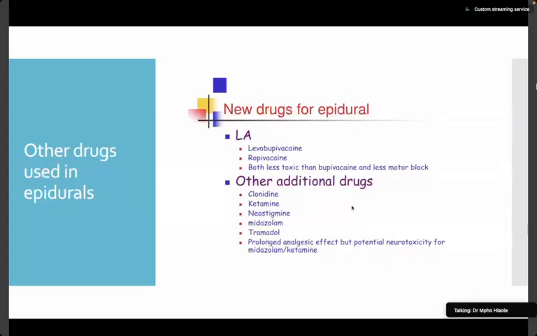Okay, so I had actually deleted the slide, but anyway, I wanted to inform you that there are other drugs that you can use on top of your local anesthetics, and they're given for other reasons. Initially, you might be using it for anesthesia, but then you might want to add maybe clonidine for pain.